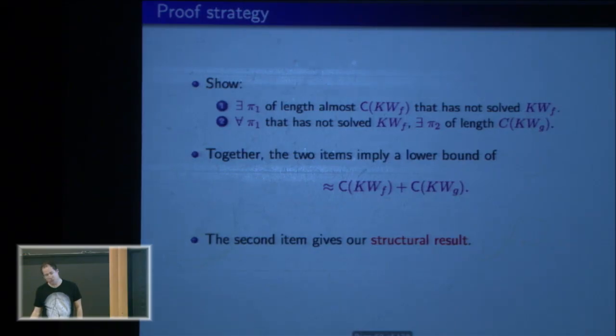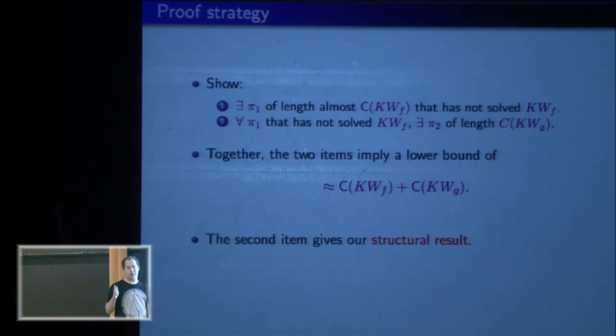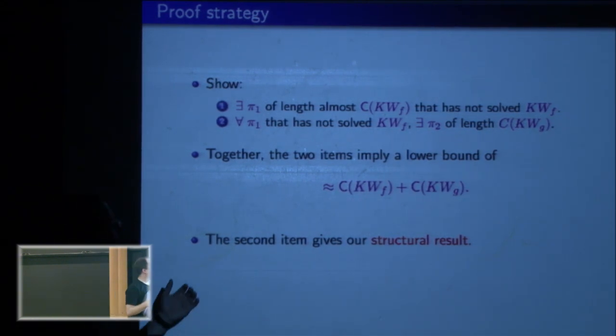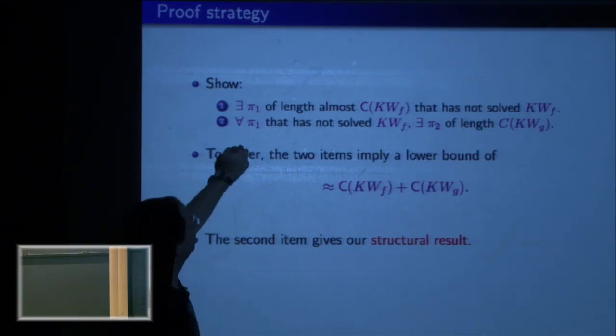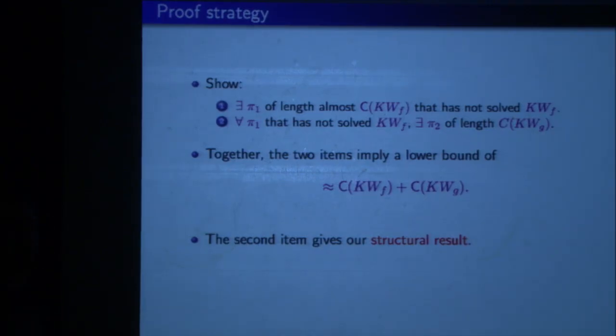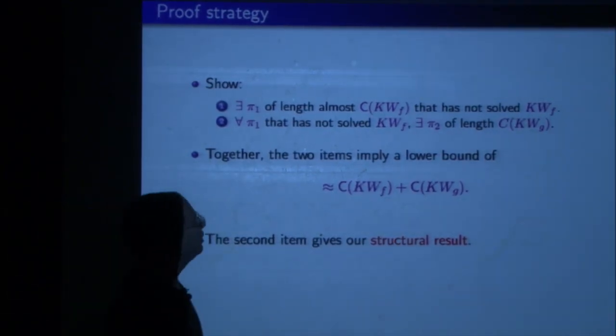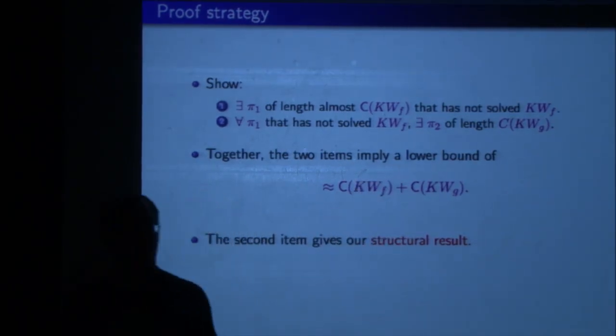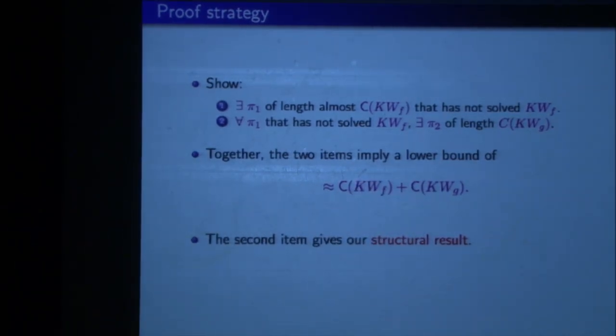Now, what I called earlier the structural result, saying that every formula is about the naive formula, is actually the second item, which says that in any transcript, if they haven't solved KW_f yet, then they must communicate a number of bits which is about the complexity of G. Why does this mean that?